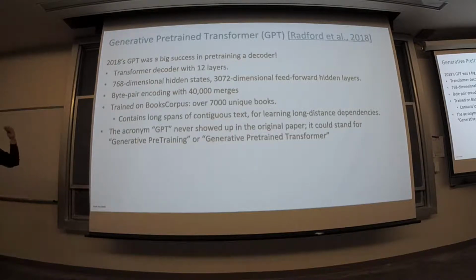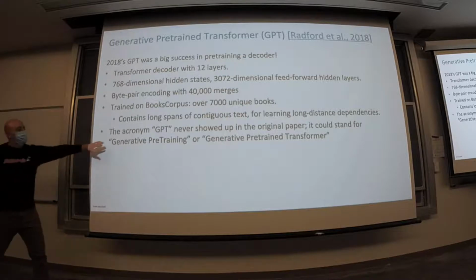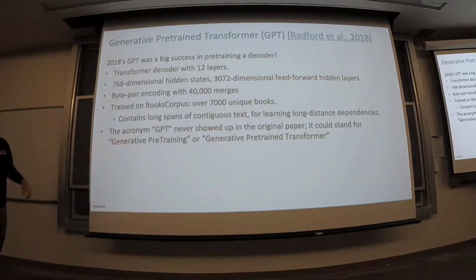In 2018, when the first GPT came out, I already mentioned this, GPT wasn't even defined in the paper, it just became known as this, so it's not even clear what it stands for. But probably something like generative pre-trained transformer, the generative part being we're going to generate the next token given the input.